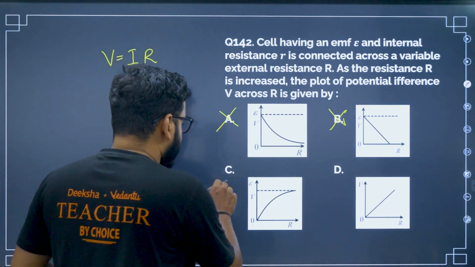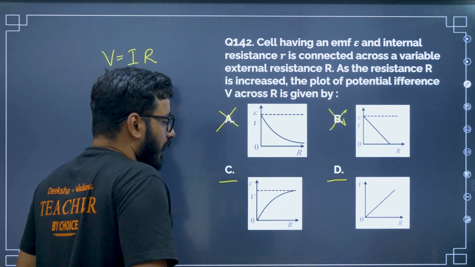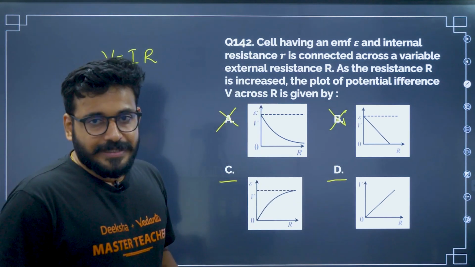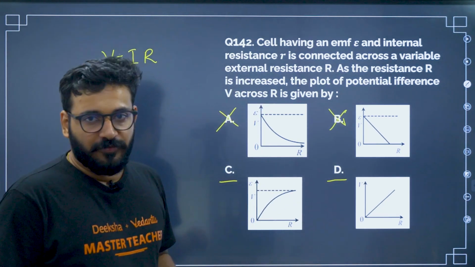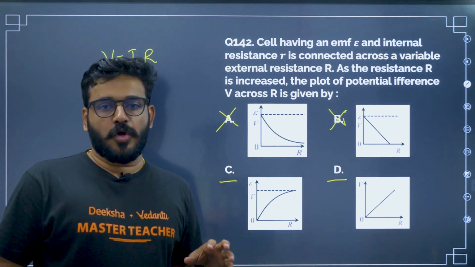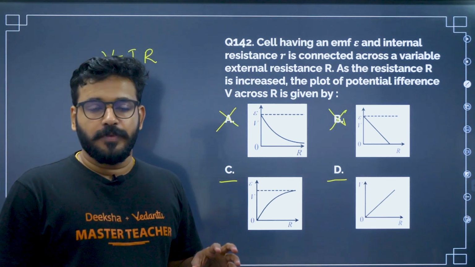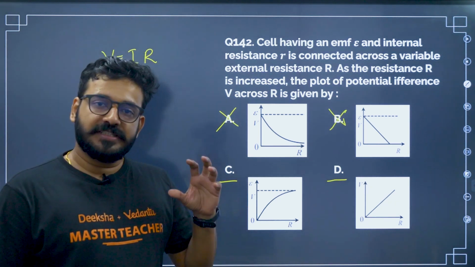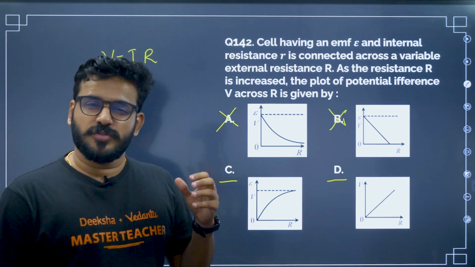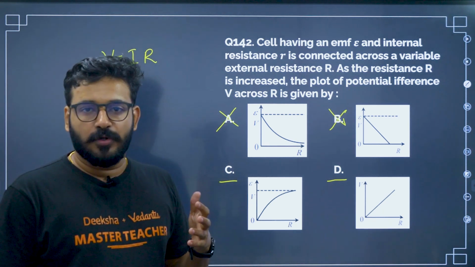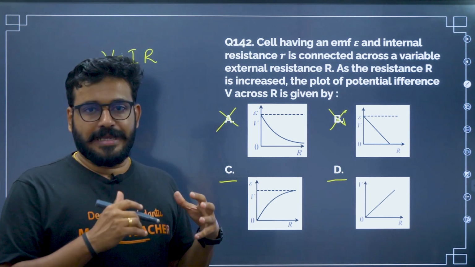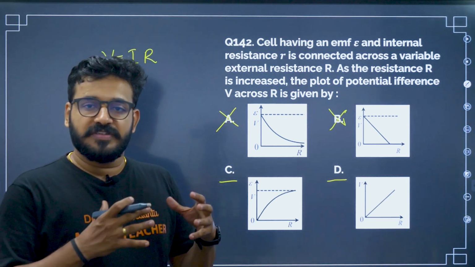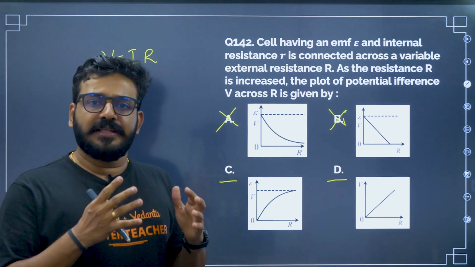Now we have two possibilities, C and D. But now the problem is that the resistance is connected to an EMF. According to Kirchhoff's voltage rule, the algebraic sum of the voltage in a particular loop in a simple circuit is 0. That means whatever EMF is applied by the battery, that much only the resistance will have.